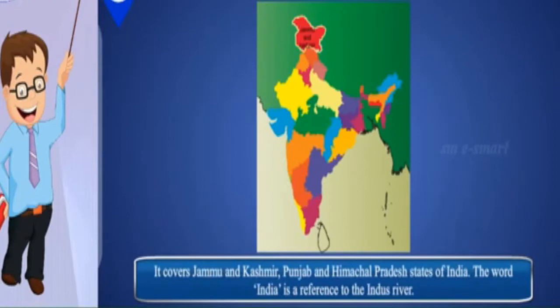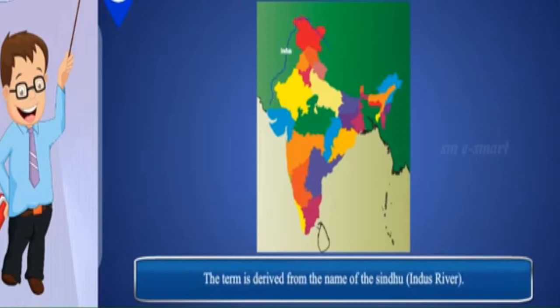It covers the states of Jammu and Kashmir, Punjab, and Himachal Pradesh. The word India is a reference to the Indus River. The term is derived from the name Sindhu, that is, the Indus River.